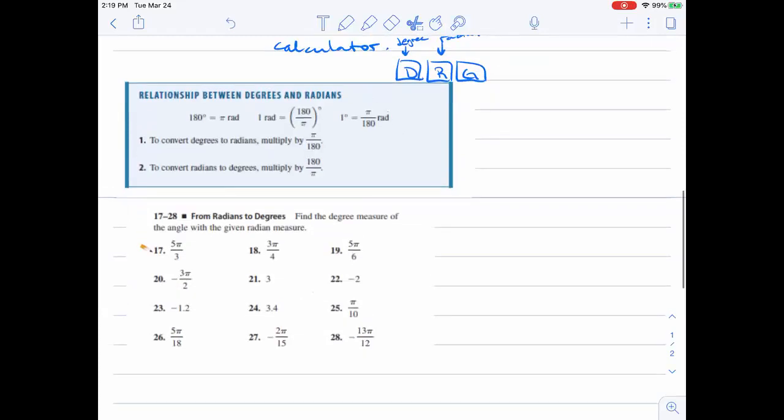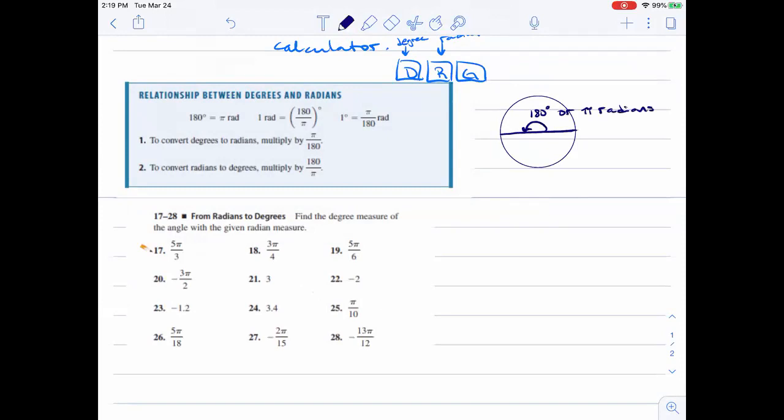So what we know is that we said 180 degrees. We know a circle that looks like this. If we go across here, this angle is 180 degrees or pi radians.